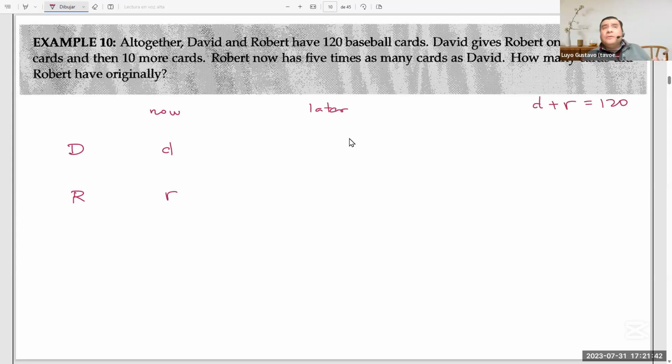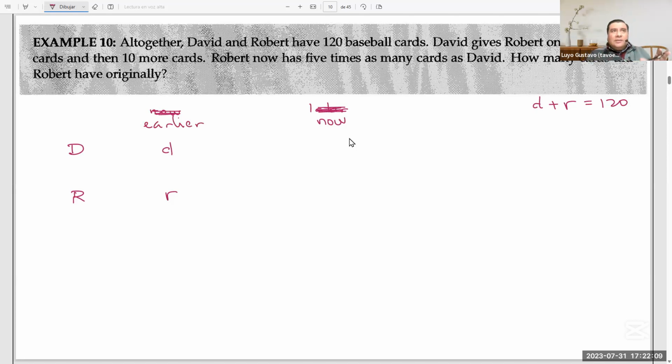David gives Robert 1/3 of his cards and then 10 more cards. Robert now has 5 times as many cards as David. Okay, let's just change this a little bit. Let's call the cards they have at the end now, and let's call the cards they have at the beginning earlier, okay? So that we match what the statement says.